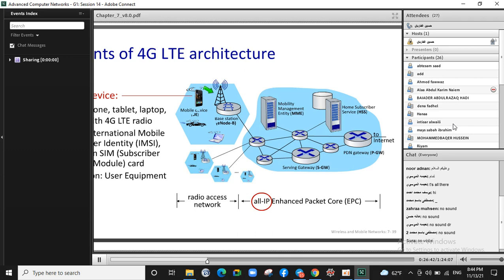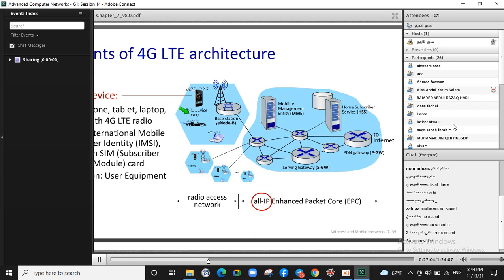In cellular networks, as we talked about in the last sessions, in wireless networks we call this tower a base station. In LTE technology, we call it E-node-B.